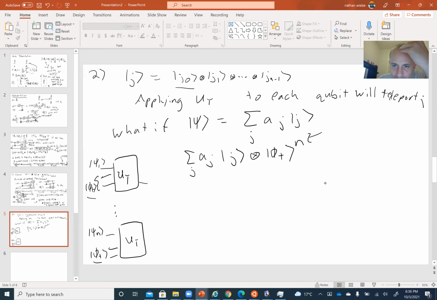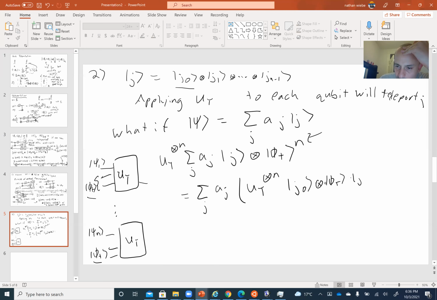Okay, cool. So now we're applying this UT tensor n, which is n parallel copies of the teleportation circuit. Now, because quantum mechanics is linear, this is just sum over j, a_j, UT tensor n acting on now |j>, which I'm going to rewrite as j0 tensor phi plus, j1 tensor phi plus.